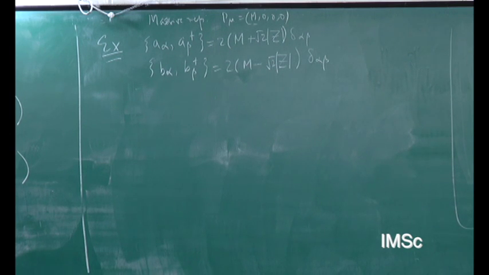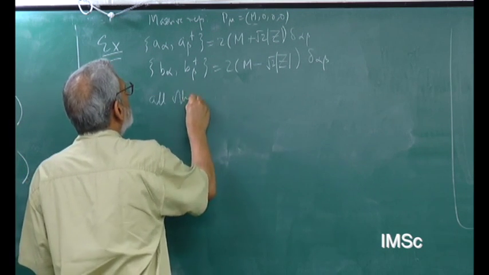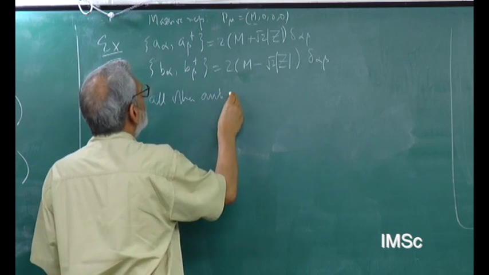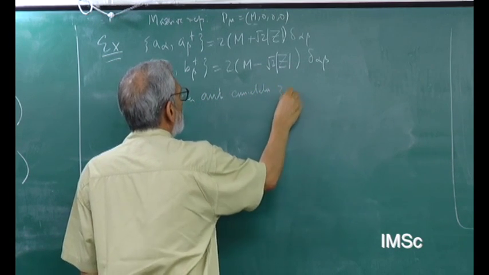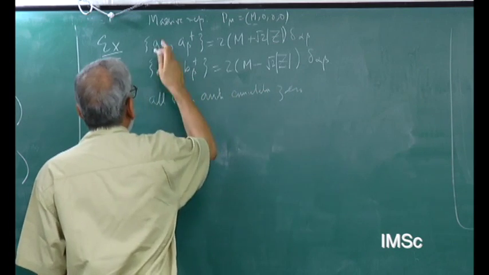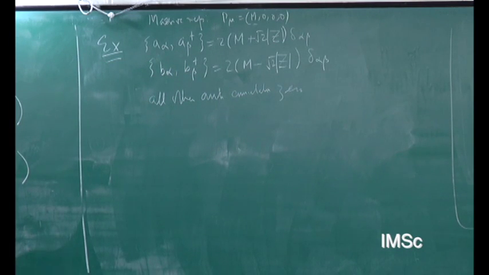Is it clear? So, for massive particles, you take P mu to be like that, and all other anti-commutators are 0, which means A with A, B with B, A dagger with A dagger, B dagger with B dagger, and A with B dagger.